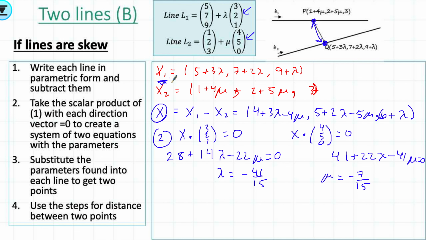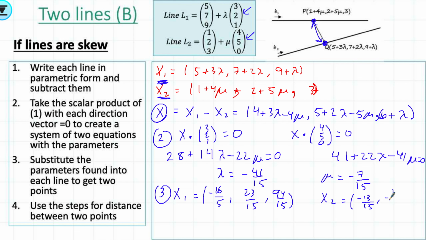So now you actually have what these two coordinates should be by substituting the relevant lambda and the relevant mu. So for step number 3, you end up with x1 being (-16/5, 23/15, 94/15) and x2 being (-13/15, -1/3, 3).